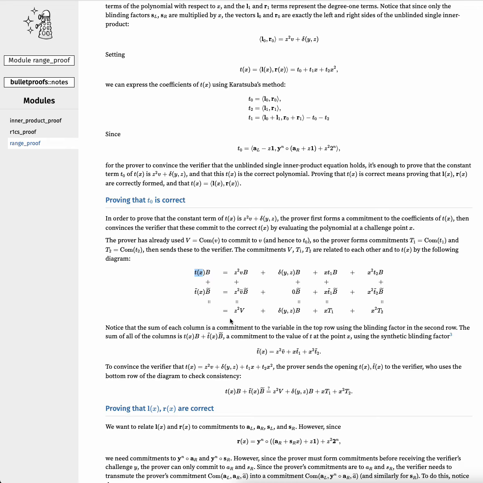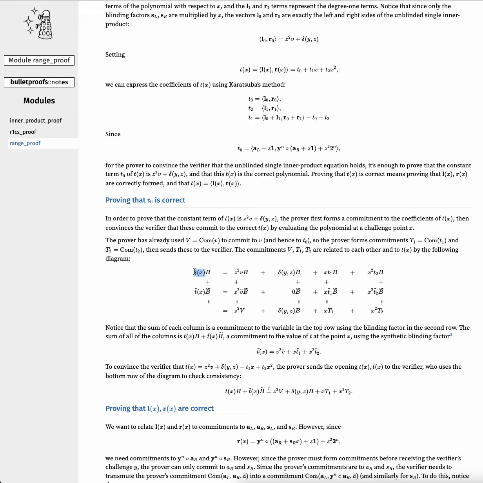We're expecting that to be the constant coefficient, plus X times the commitment to T1, plus X squared times the commitment to T2. So we're evaluating the polynomial T, given that we know the clear commitment, or we think we know it, and we know the coefficients for X and X squared. So we're evaluating it at X. It's supposed to give us a blinding opening of T of X.